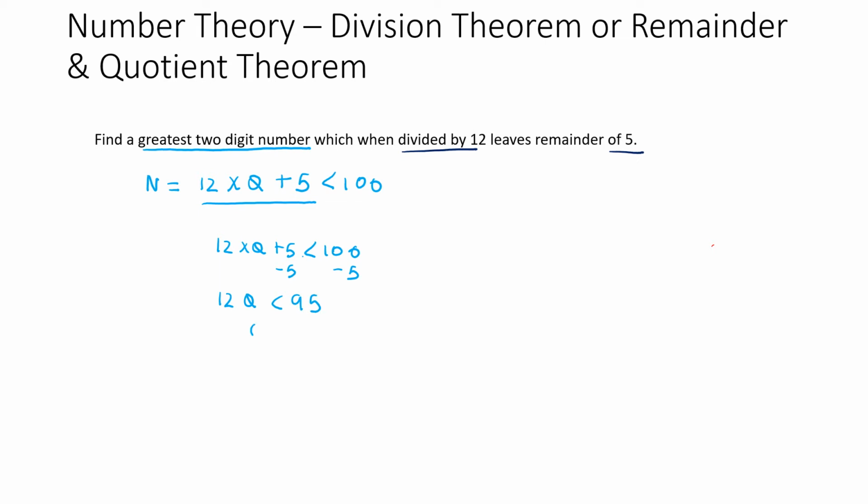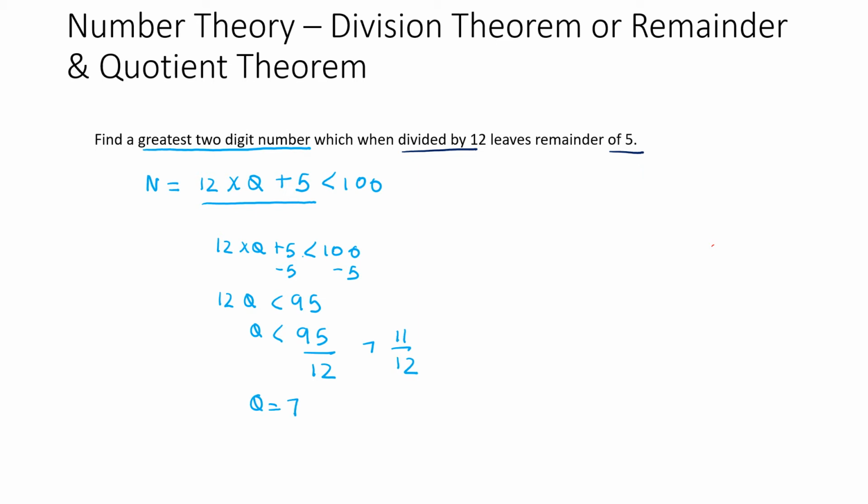And q has to be less than 95 divided by 12, which comes to about, I think, 7 and 11 upon 12. So if q has to be less than this, that means that q can be 7.